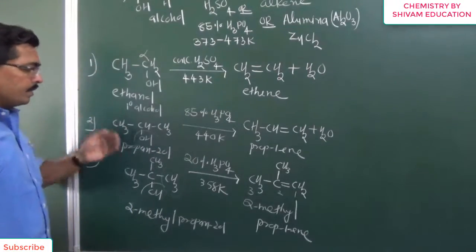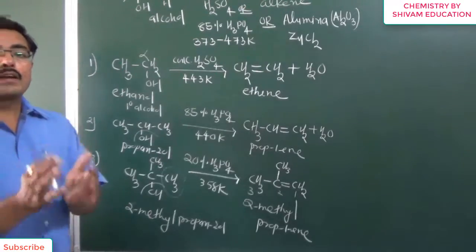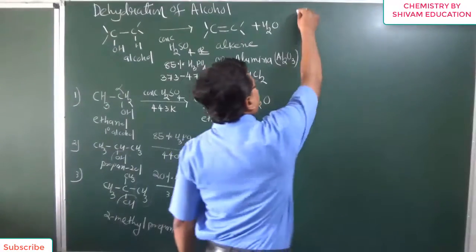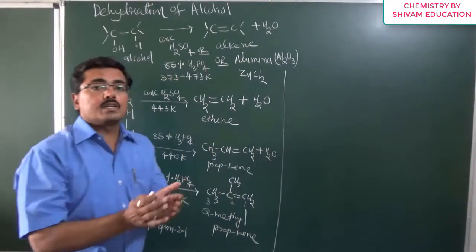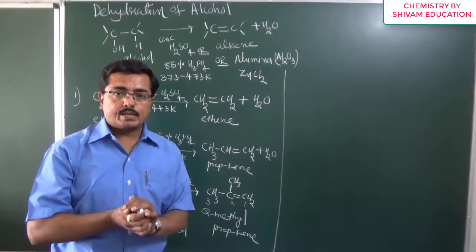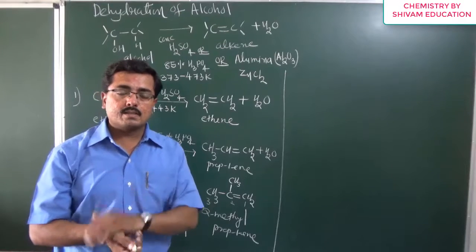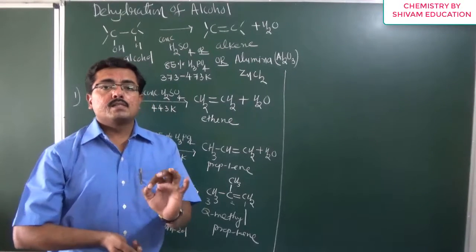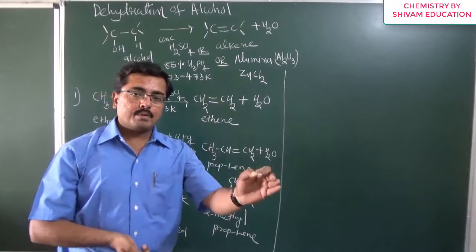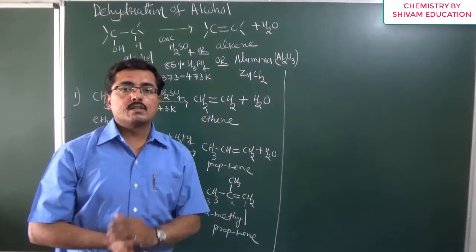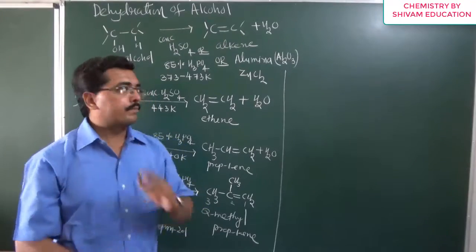So from reactions 1, 2 and 3, we can conclude that the dehydration reaction of tertiary alcohol is easy as compared to secondary, and secondary alcohol is easy as compared to primary. It means tertiary alcohol dehydration occurs at a lower temperature and in normal conditions as compared to secondary and primary.